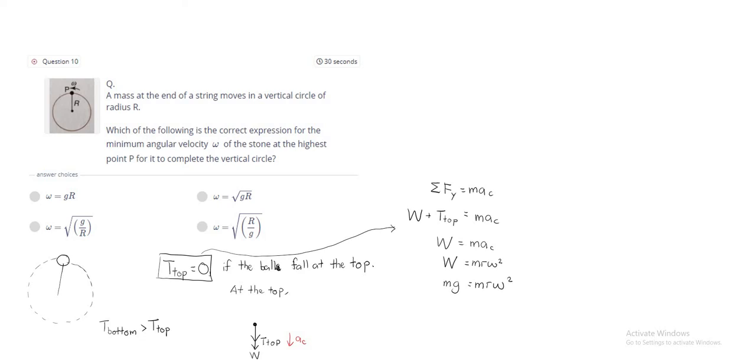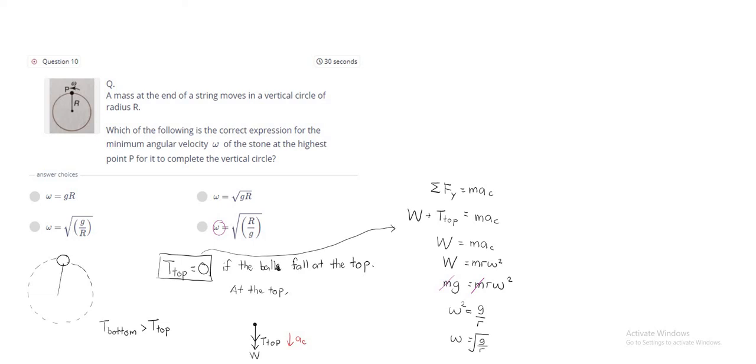So we can cancel the mass, since it's the same mass we are talking about, and we're looking for omega. So omega squared equals g over r.